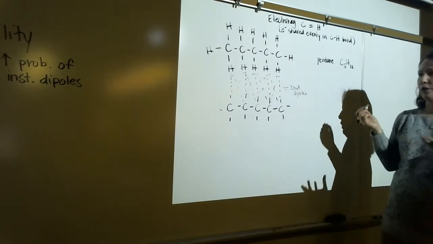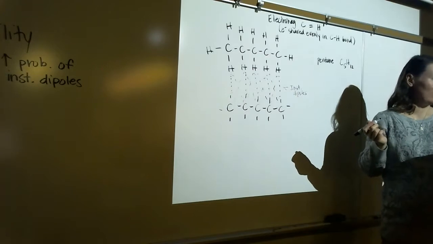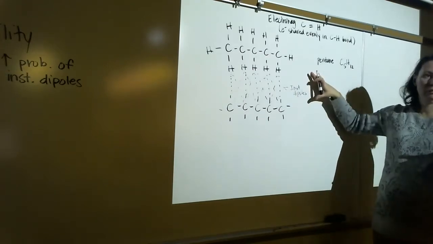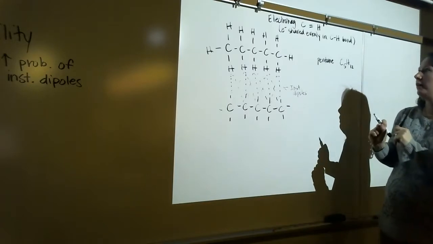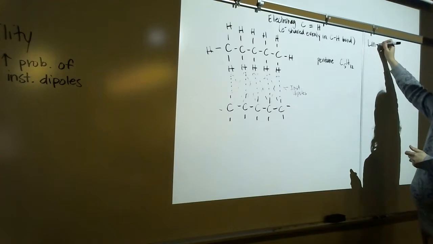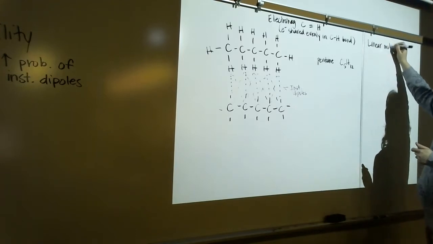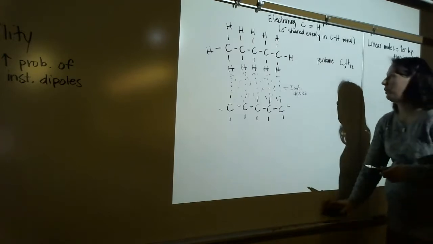So who would have the greater polarizability, uranium with its 92 electrons or pentane? Well, pentane obviously, because you've got way more electrons that you're dealing with here. So the trend is that a linear molecule is going to have a higher boiling point than a branched molecule. Let's look at a branched molecule.